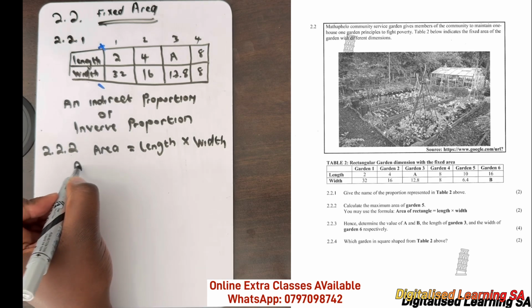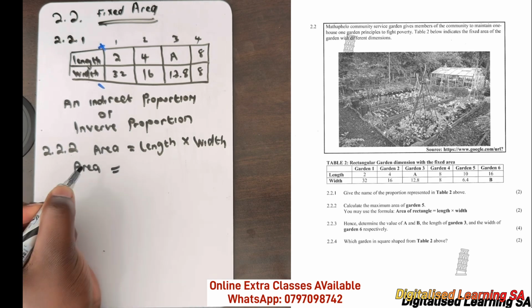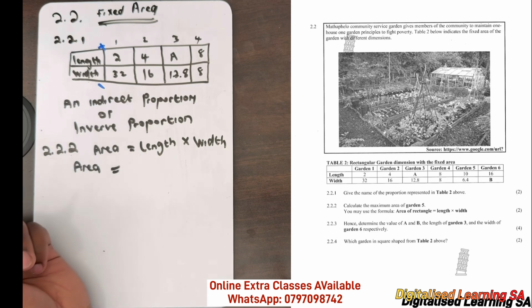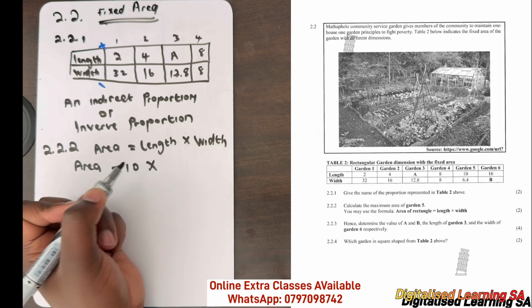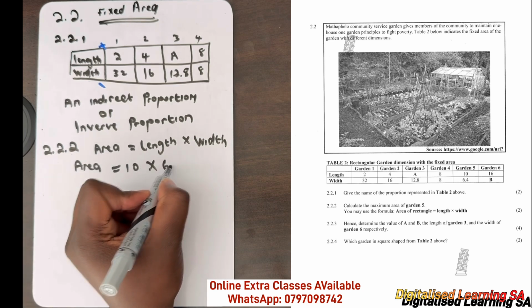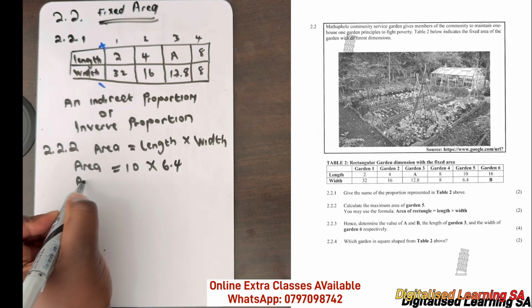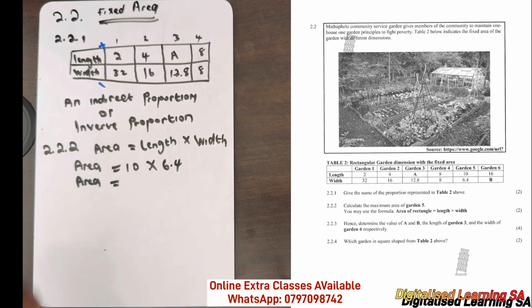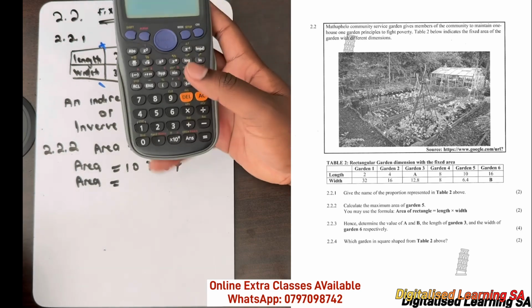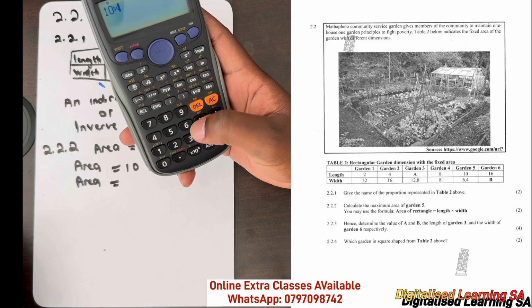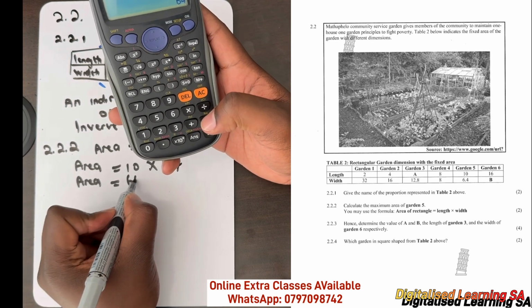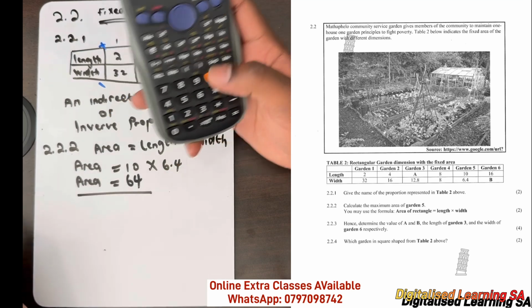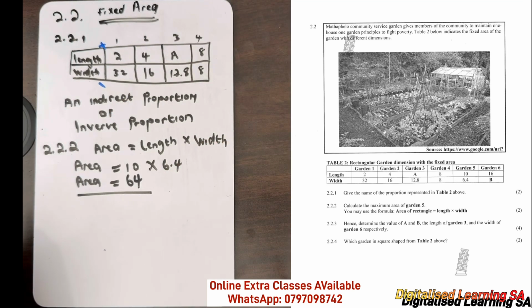So area equals the length for garden 5, which is 10, multiplied by the width, which is 6.4. So the area equals 10 multiplied by 6.4, and our answer will be 64. Our area will be 64.